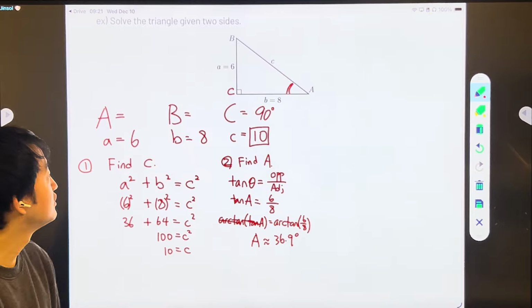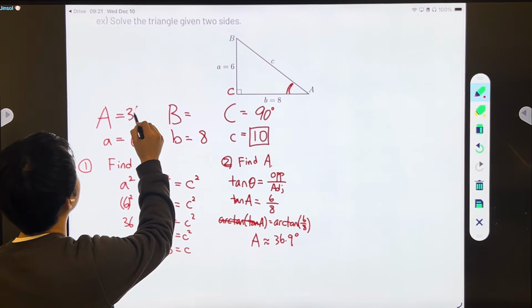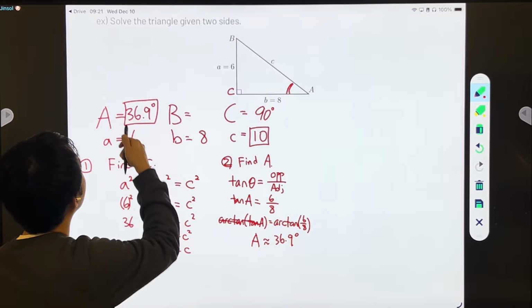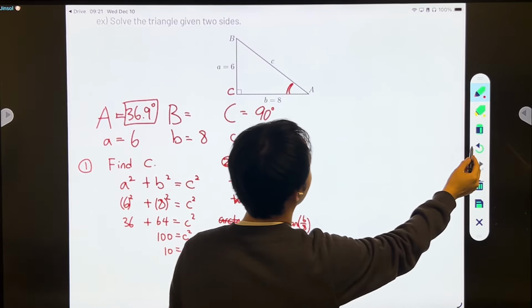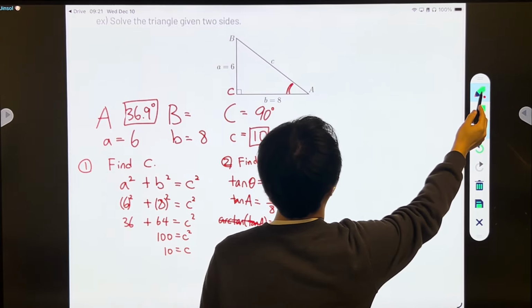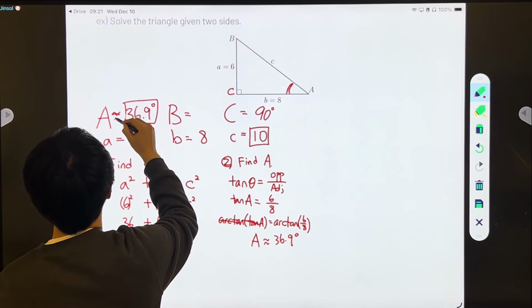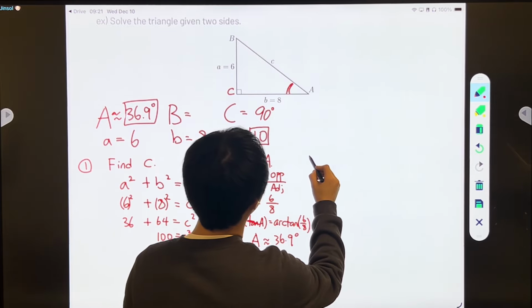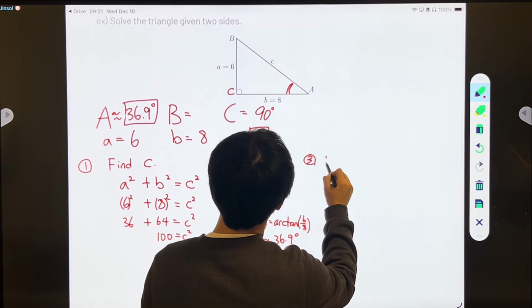And I found the angle A. So let's write it down, approximately equal to 36.9 degrees. And finally, we need to find the angle B.